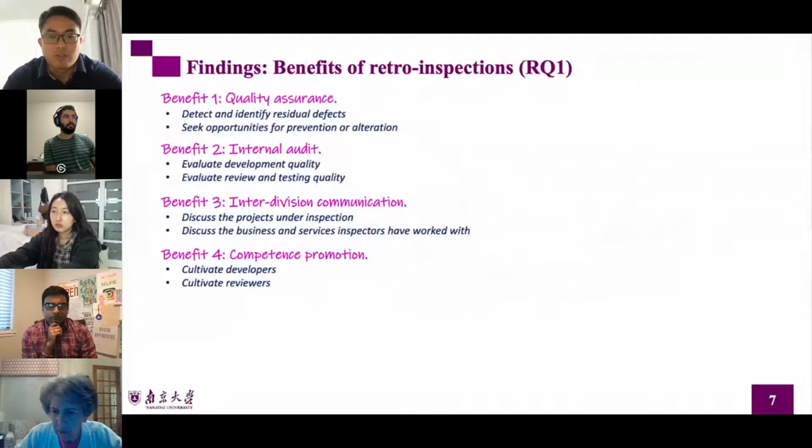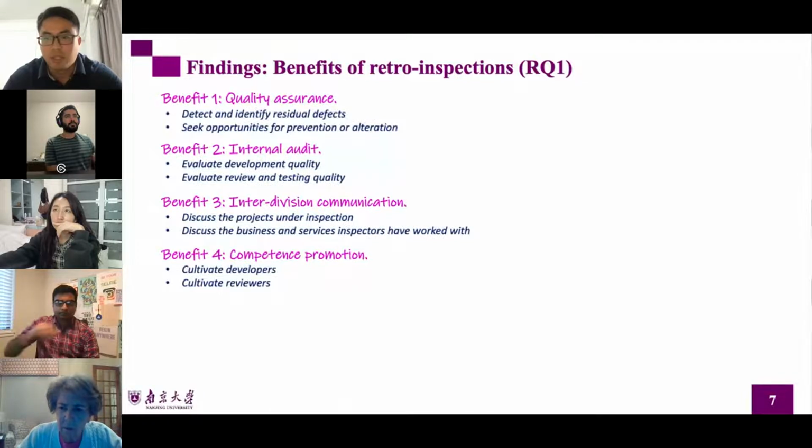For the first research question, we found that in addition to its major function, that is code quality assurance, especially for future quality, retro inspection can contribute side benefits such as internal audit and inter-division communication, and additionally plays a role in cultivating developers and reviewers.